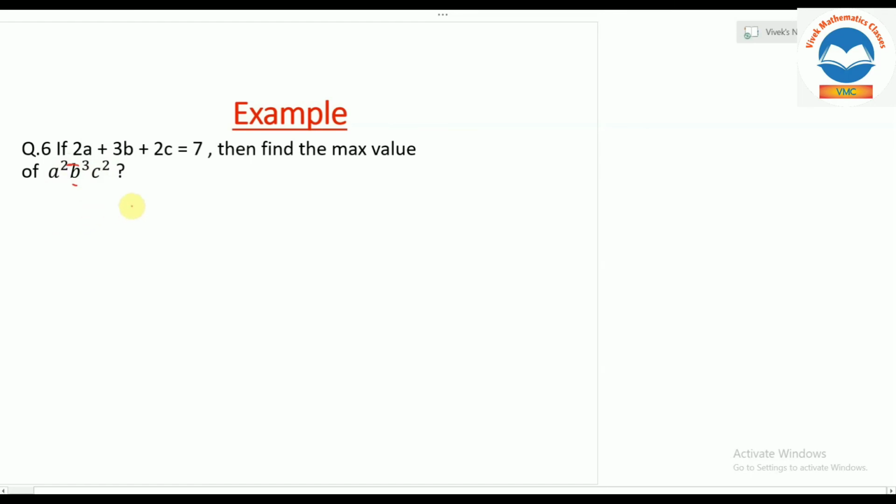So what we will take? We will take 7 numbers. Let's consider 7 numbers. What are the 7 numbers? a, a, b, b, b, c, c. For these numbers, we will apply AM greater than or equal to GM.